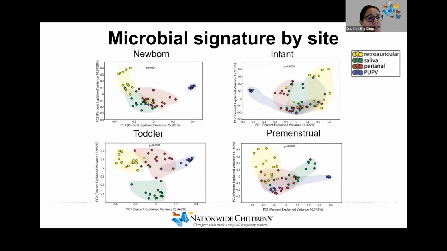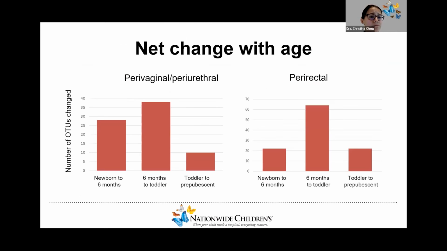We found statistically significant different populations for community membership for all 4 sites represented by the different colors, with each developmental milestone, indicating that the microbiota is site-specific for each developmental group.